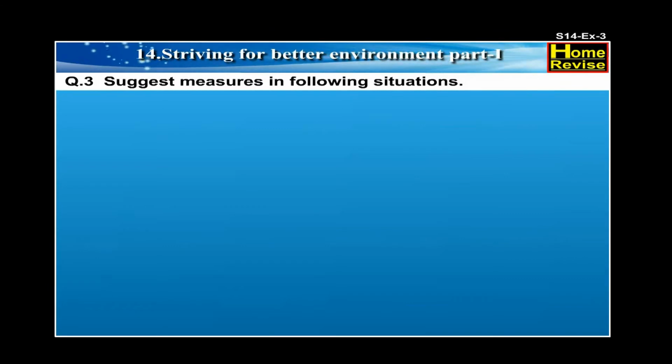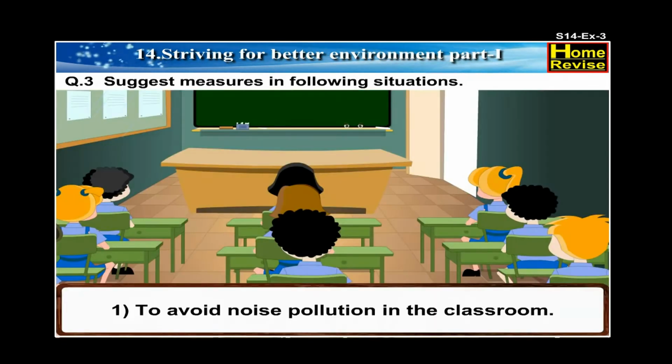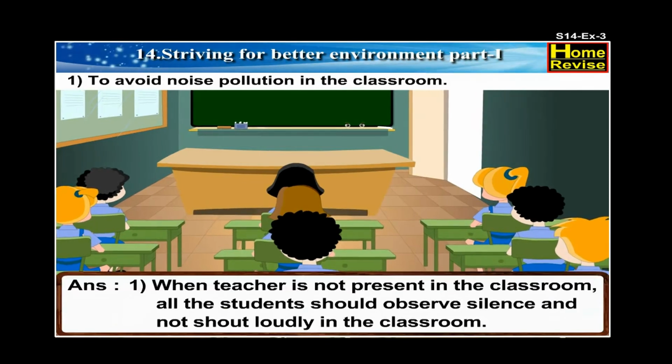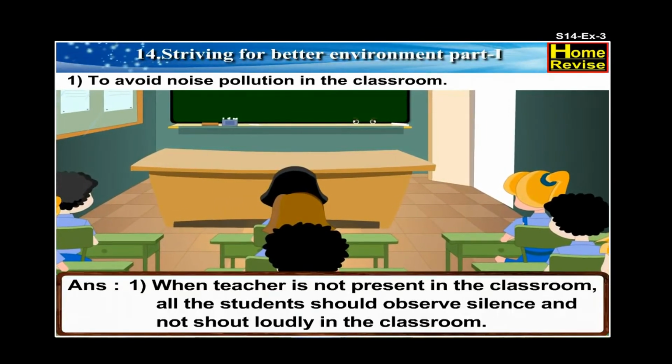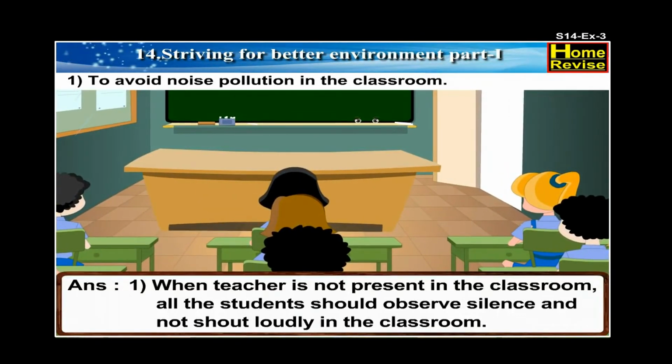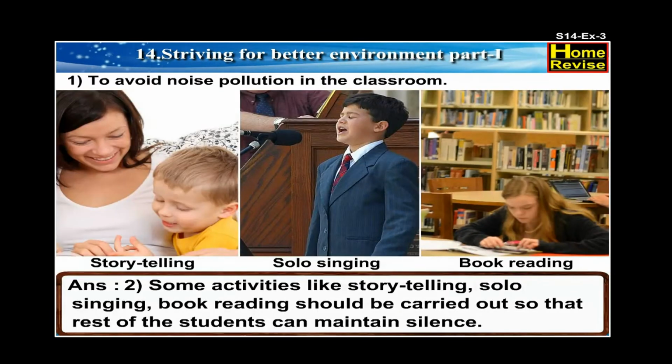Question 3. Suggest measures in following situations. 1. To avoid noise pollution in classroom. Answer. 1. When the teacher is not present in the classroom, all the students should observe silence and not shout loudly in the classroom. 2.